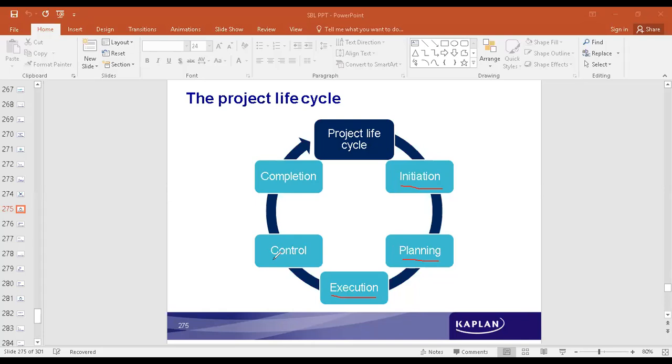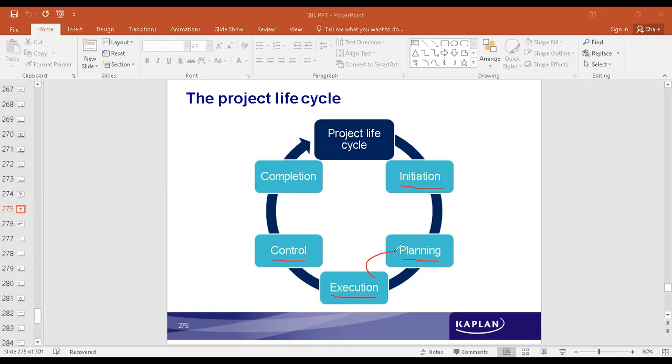Control talks about this: when a plan is executed, it would be monitored, in the sense of whether the execution is according to the plan.